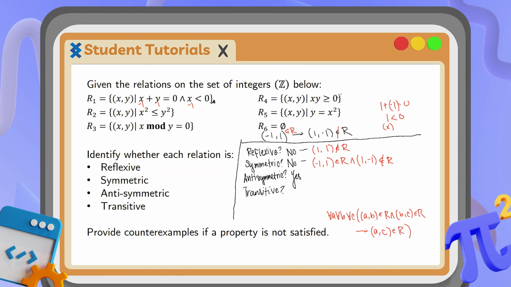Now, if we have something like negative 2 and 2 in the relation, we cannot have something like 2 and any arbitrary number in the relation, because 2 to begin with is not less than 0. It's greater than 0, so this one would not be in the relation.